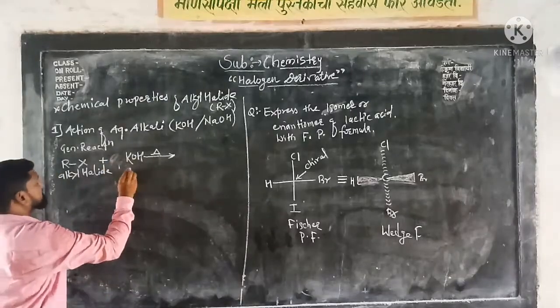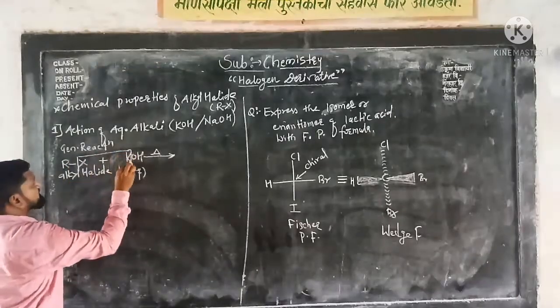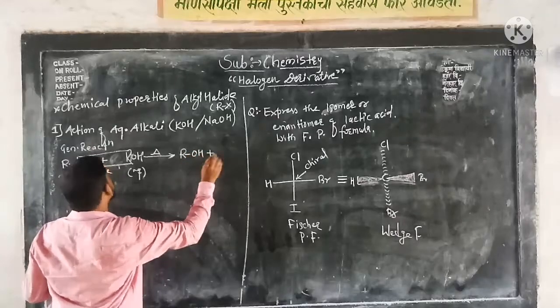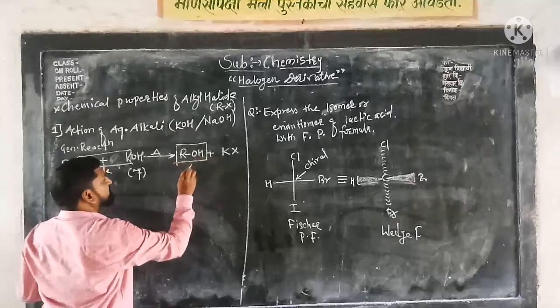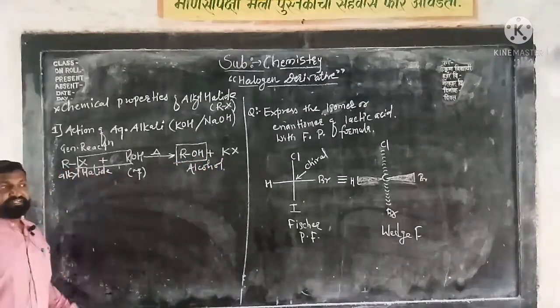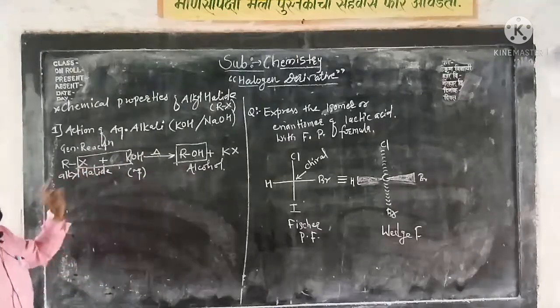A new derivative forms: ROH plus potassium halide. Everybody knows this very popular compound, alcohol. So we get one of the important methods of preparation of alcohol from alkyl halide.